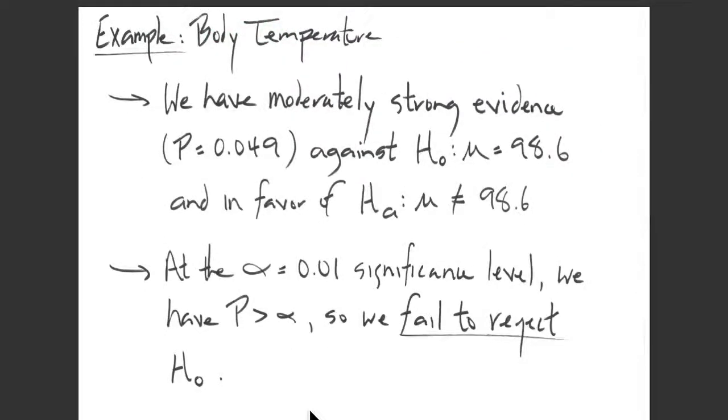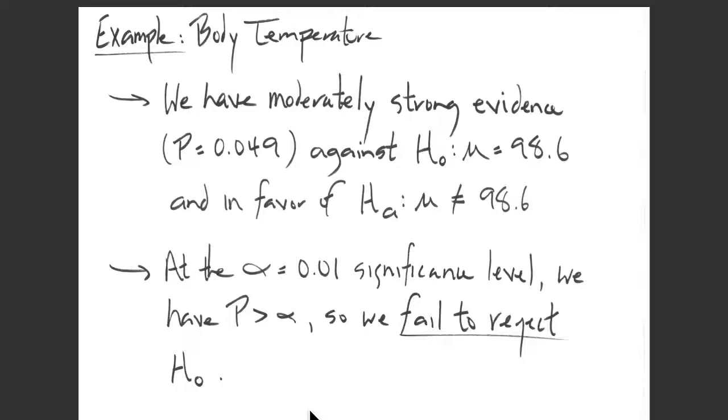What can we get out of that? Well, remember, small p-values are evidence in favor of the alternative. 4.9% is fairly small, right?